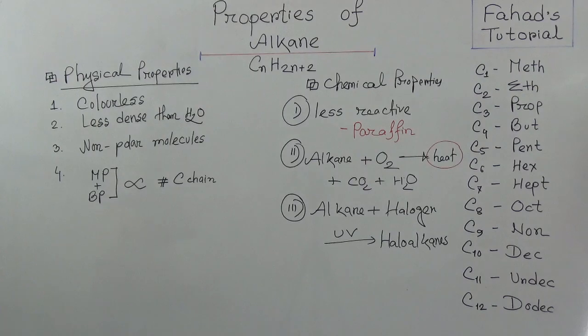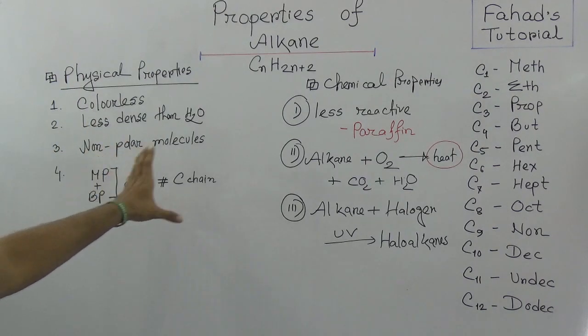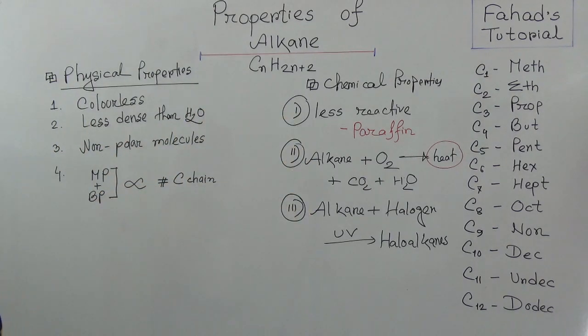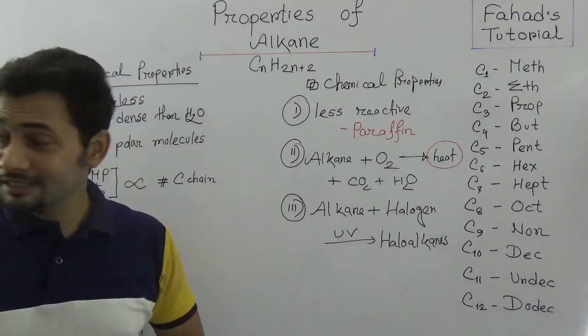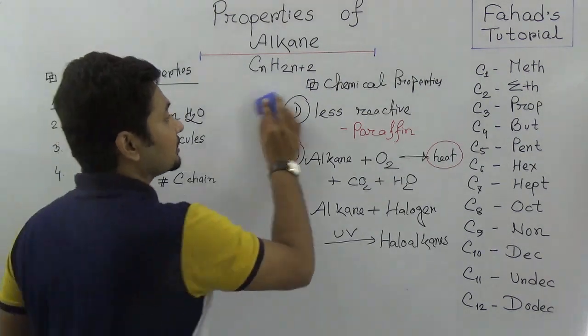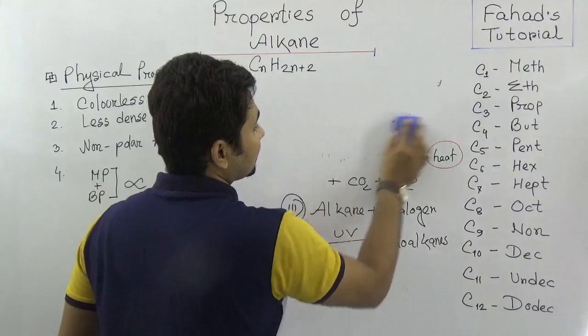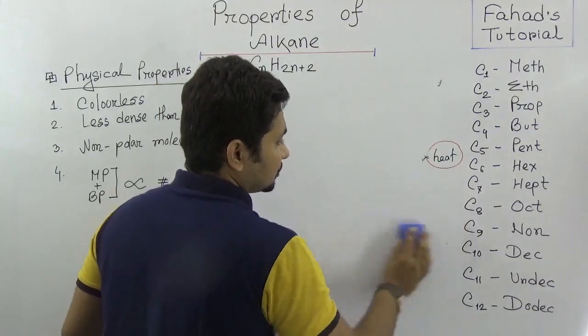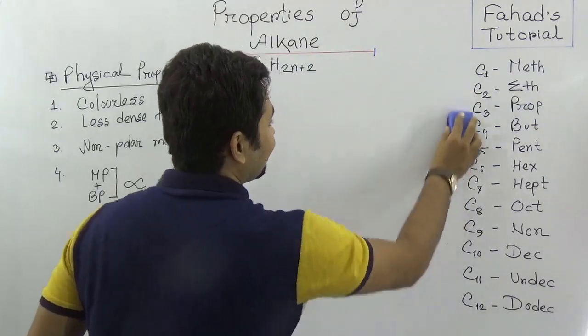So this is a short explanation of the chemical properties of alkanes. What we learned covers physical properties and chemical properties. The important thing is what is very common in a question paper. Suppose you are in an exam hall, what is important?